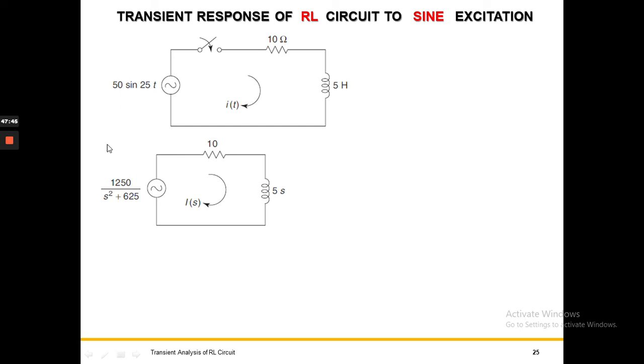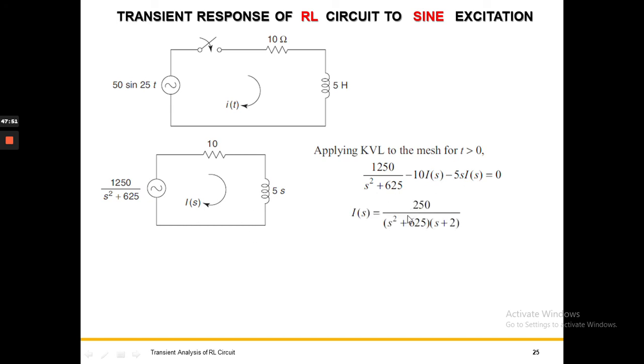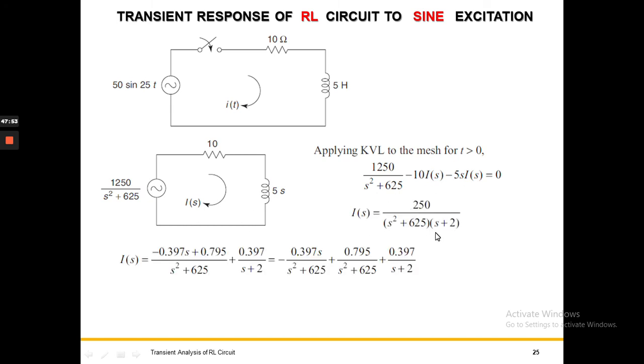This is the transformed circuit. Now we write down the KVL around the loop and get an expression for I of s. Then partial fraction it. A quadratic term comes under that, so partial fraction it. Now take the inverse Laplace transform to get the expression for the current through the inductance. Okay, thank you, students.